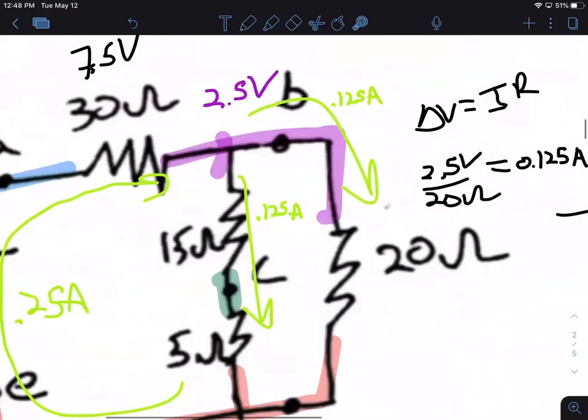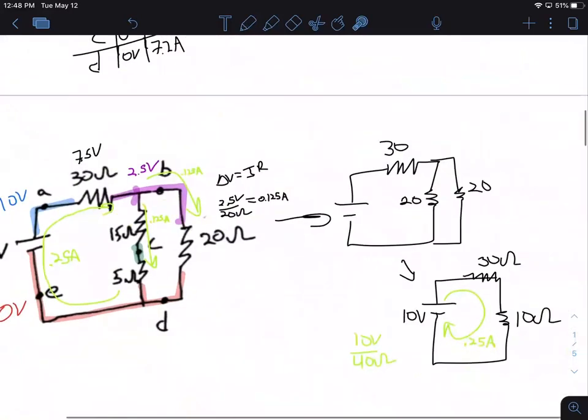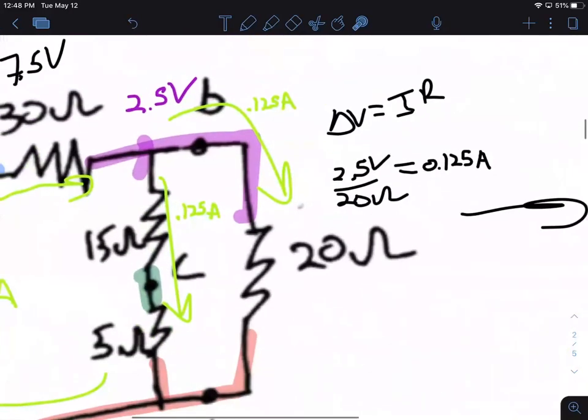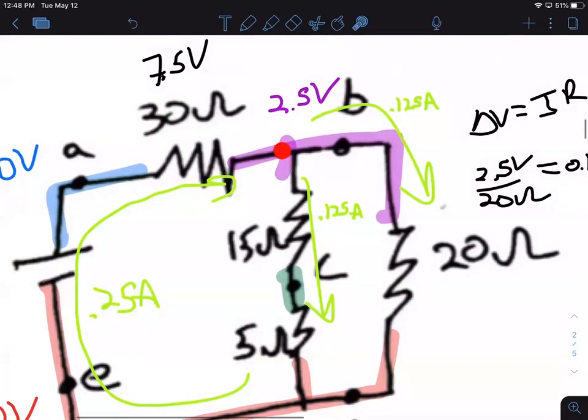Another way I could do it, and I knew that because I knew when I did this that they end up being the same. So if this is getting 0.125, this one needs to get 0.125. Or I could say, well, after finding this one, I know at this junction here, 0.25 is splitting into 0.125. So this has to also be 0.125 to conserve current. These need to add up to this.